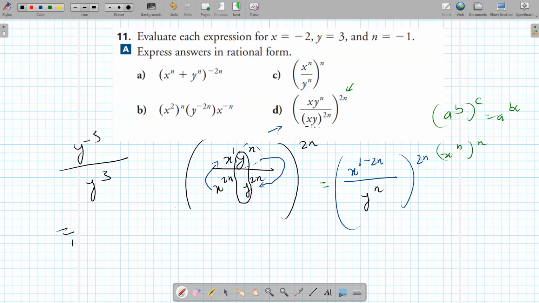Just bring the y to the negative 3 downstairs. What do you get? You'll get 1 over y to the power something. Like if I bring the -3 down, does it become positive?